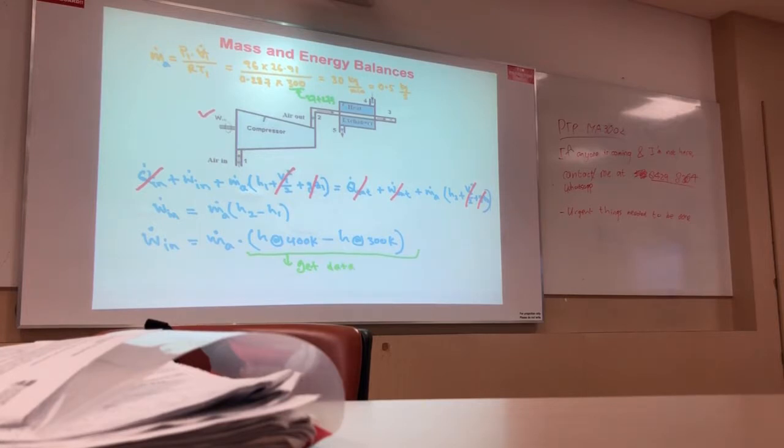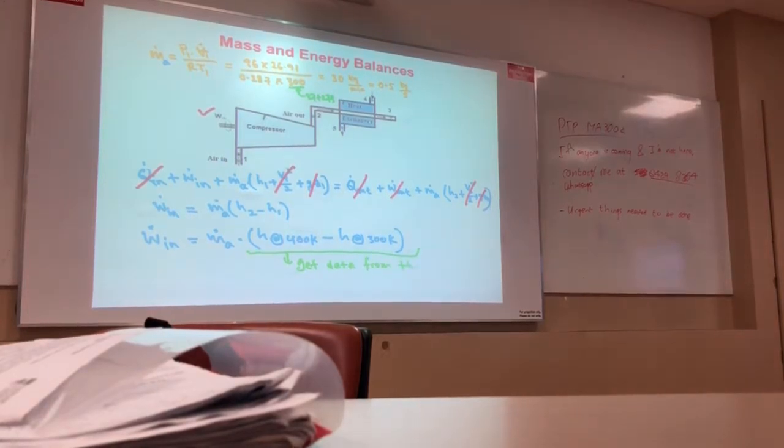Get data from the table, right? Table A-17. The table is in Kelvin. For air, ideal gas, you should use absolute temperature, absolute pressure, right?